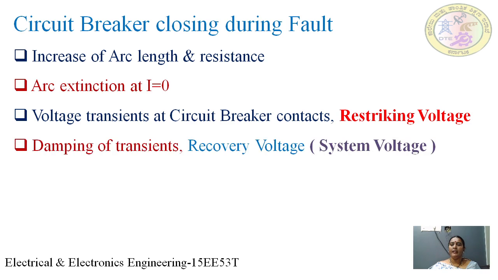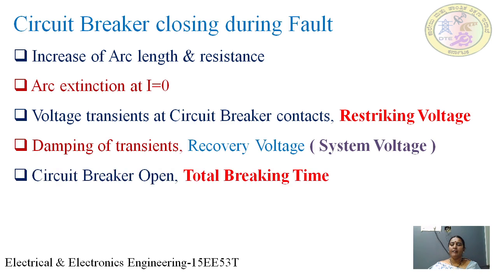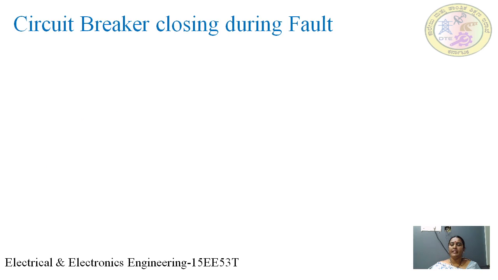There will be a damping of the transient. Then because of the damping of that transient present at the circuit breaker contact, the system goes to its normal voltage. It is called the recovery voltage. Next, circuit breaker open, that is called the total breaking time.